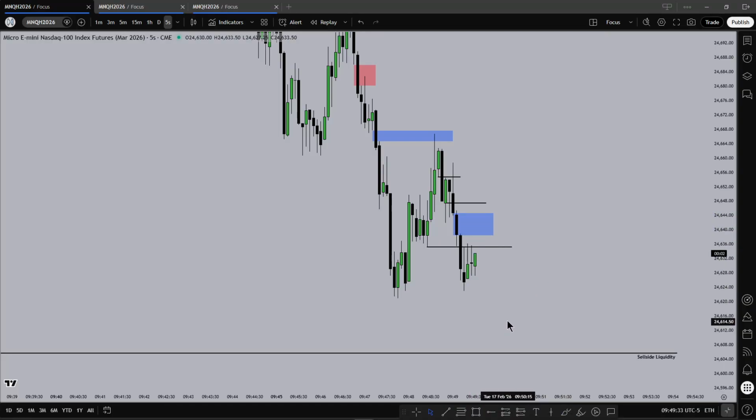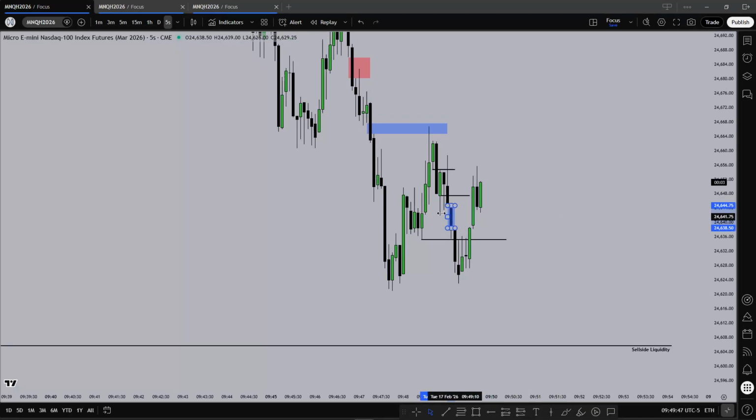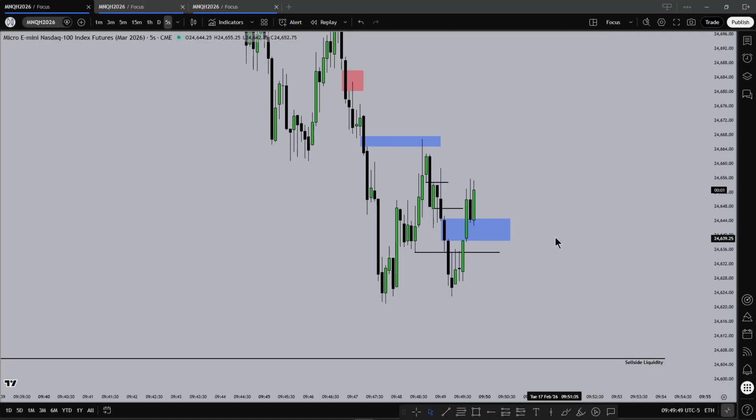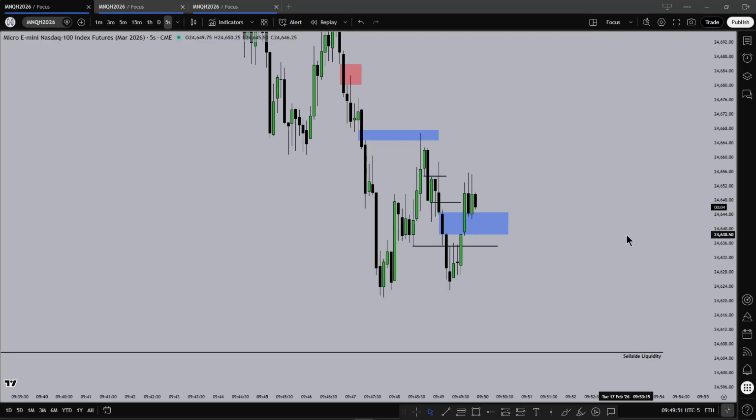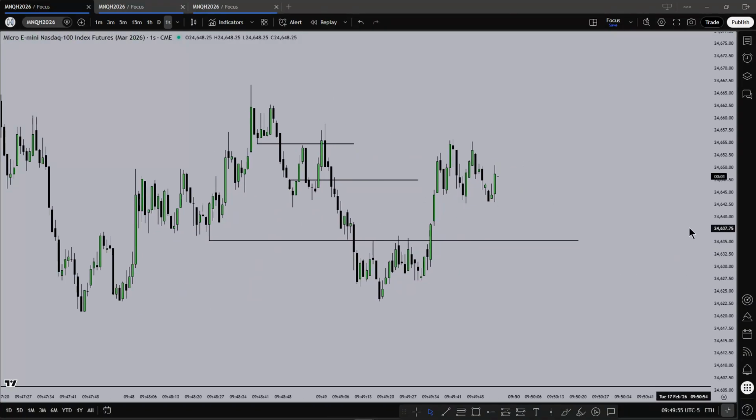Good. That's the first sign of potential consolidation or short-term retracement. Our order flow switching on lower time frames. 1 second, we'll go in on 1 second for this price.